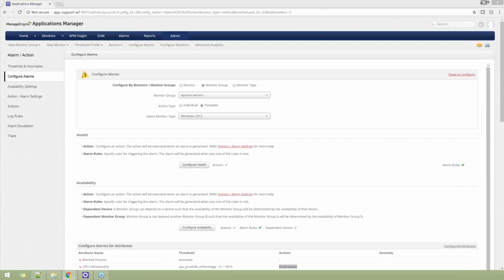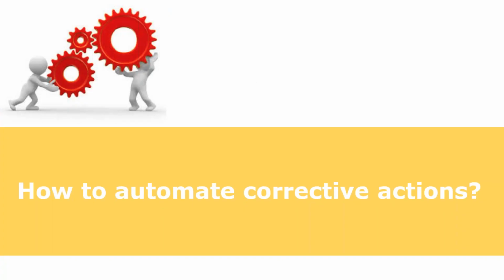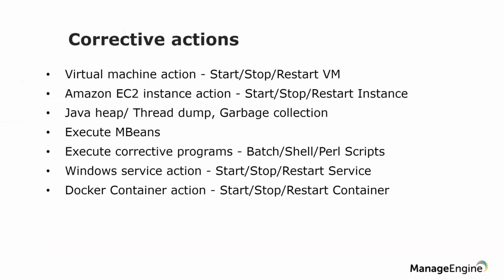So the next topic is how to automate corrective actions. We have categorized them based on their functionality. The first is the corrective actions, where we have provided certain actions based upon the type it is.